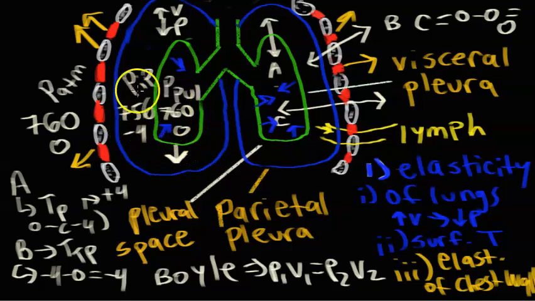And that's going to allow the lungs to expand out further, and so you can actually breathe in. And then when you breathe out, this space is actually going to become less negative, as you will see in the future videos. And of course, the pulmonary pressure is going to change relative to the atmospheric pressure. There's going to be a pressure gradient that's going to allow air to move in and out. And we'll see that in the next video.